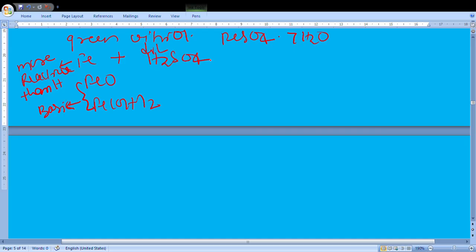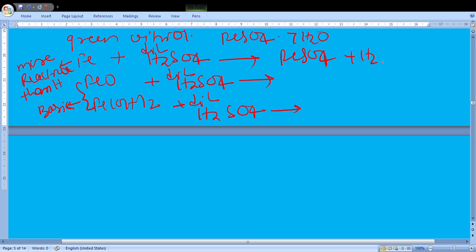We don't need concentrated here. If we don't need it, we will not use it. If we use it, the type of reaction will be changed. To form what? FeSO4 plus H2.